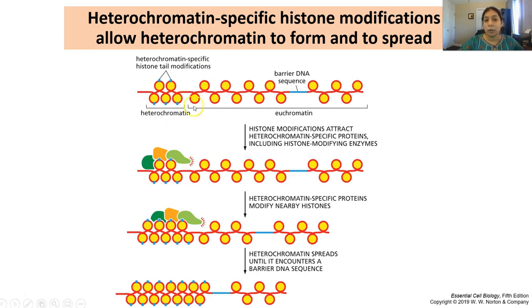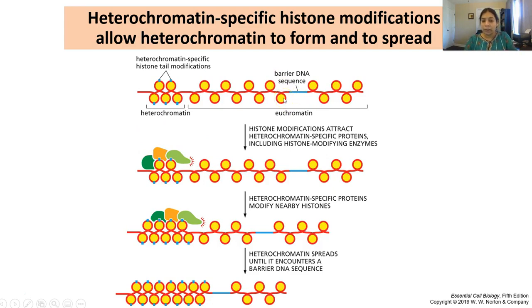So these heterochromatin-specific tail modifications will continue to happen through the heterochromatin-specific proteins, these histone modifying enzymes, until they reach the barrier sequences.